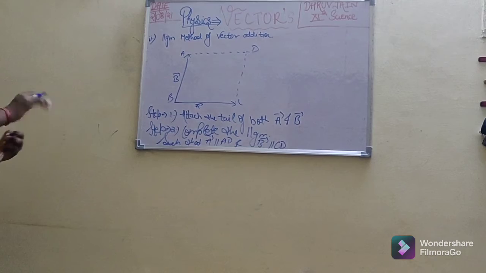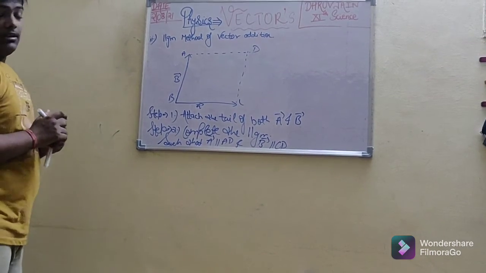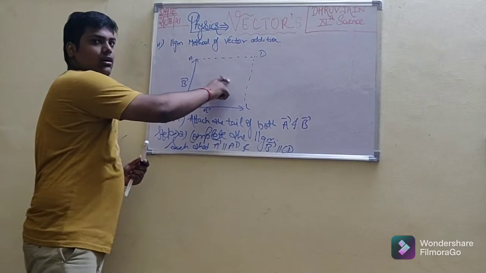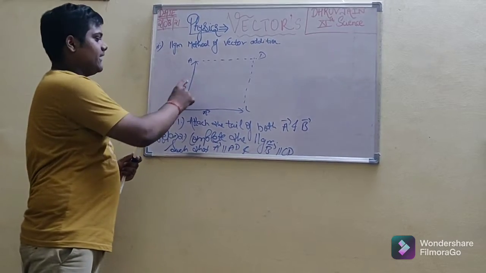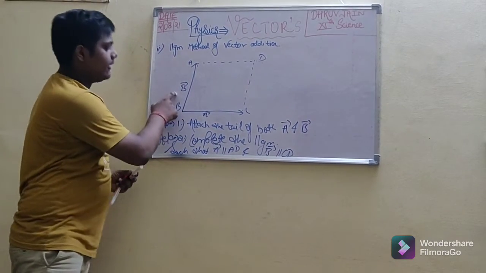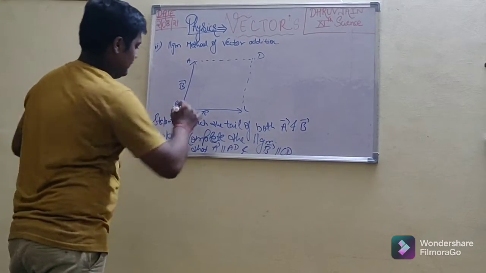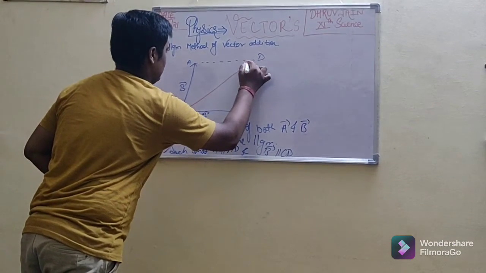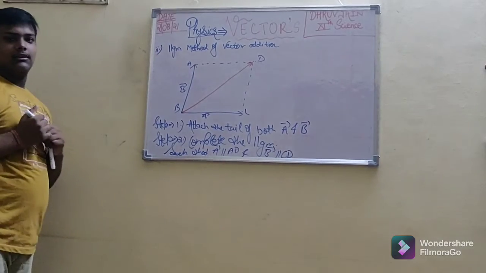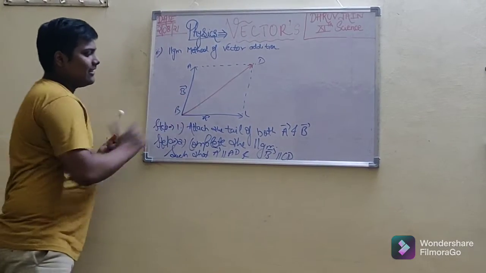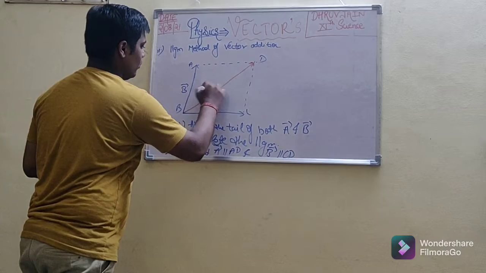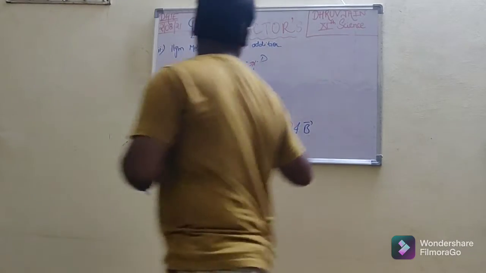So I think it is clear now. The diagonal of this parallelogram will represent the vector sum of vectors A and B. So it will look something like this. This is our resultant vector.